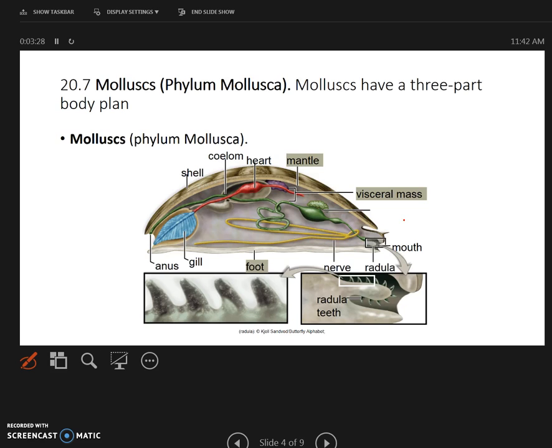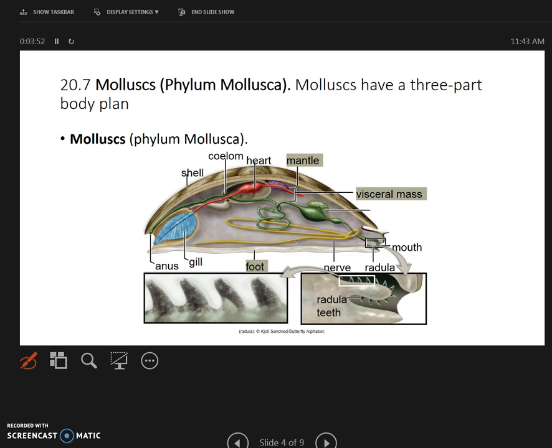All right, so here we have the mollusks. Don't forget, mollusks have a true body cavity. In phylum mollusks, the body is composed of foot, visceral mass, and a mantle. So they have three body parts. The foot is a very strong muscular portion used for locomotion.